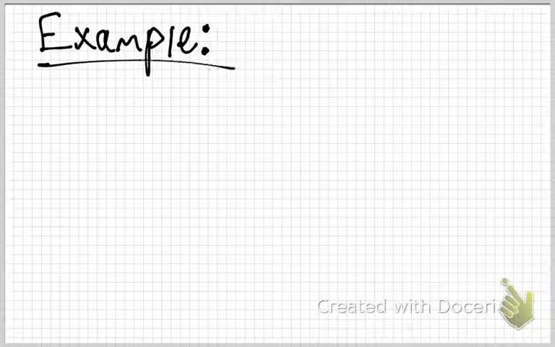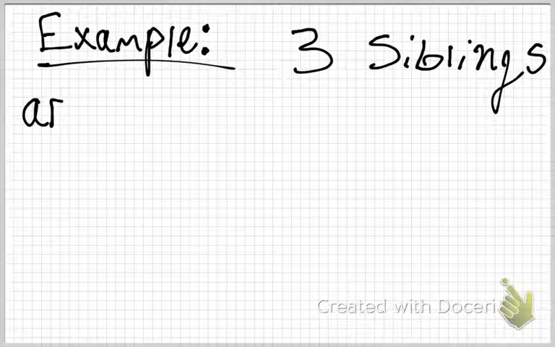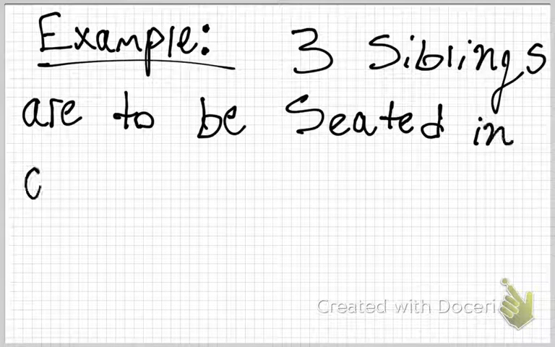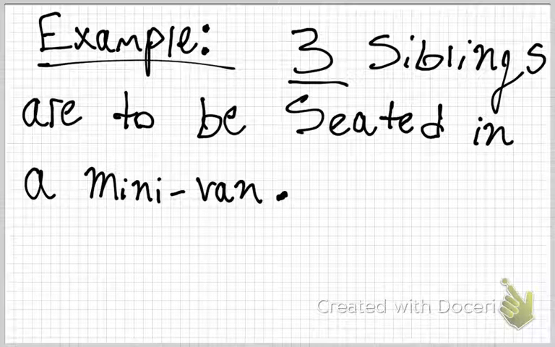All right. An example of a permutation. I'm going to use the same 5 siblings. And I'll give you a scenario that is an example of us using permutations as opposed to combinations. All right. So you got 3 siblings, and these siblings are to be seated in a minivan.